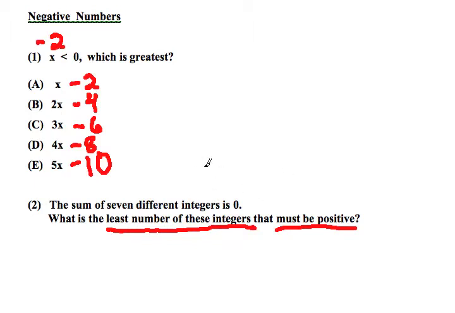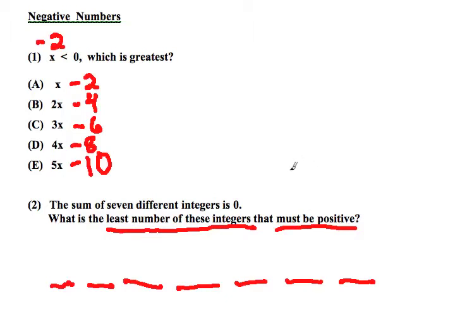So you want to break the problem down into pieces. We're summing 7 different integers. 1, 2, 3, 4, 5, 6, 7. It wants to know the least number, so it doesn't want to know the integers. It wants to know how many of them meet the condition that they must be positive.